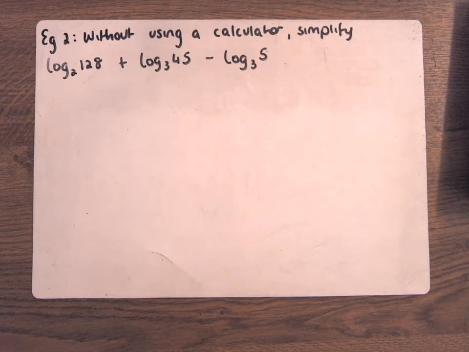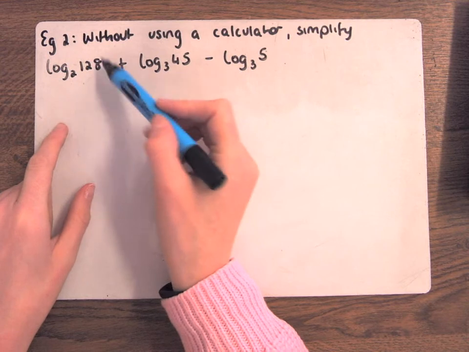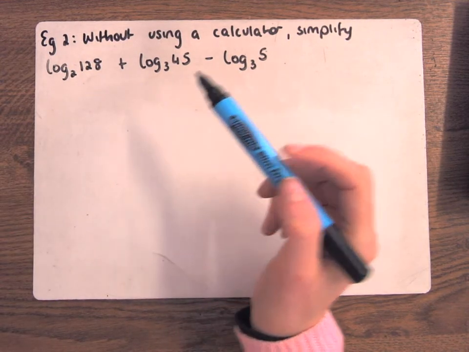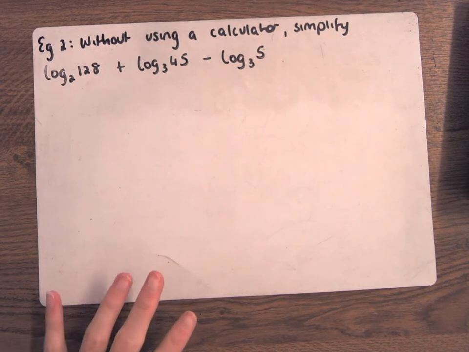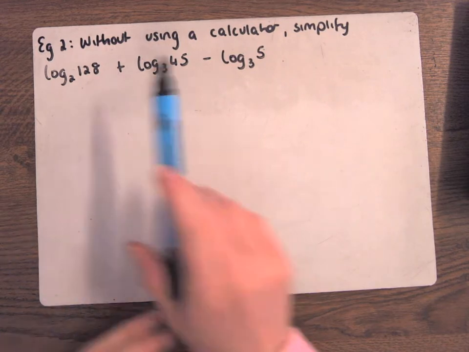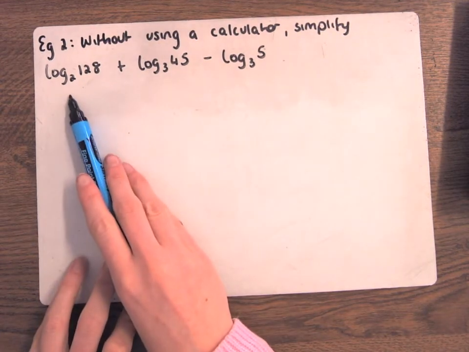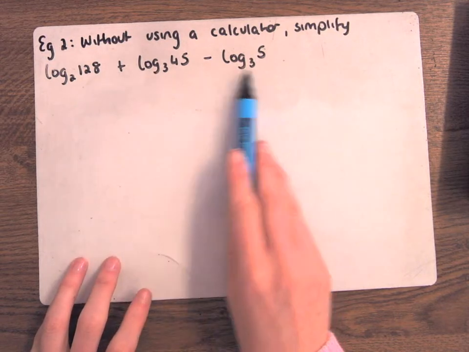Now I can either change them to get all the bases the same, or because these are all numbers I could figure out what that is. I'm just going to change them all so that the bases are the same. So what base am I going to use? 3. I'm going to change this to a base of 3, because they're already 3.